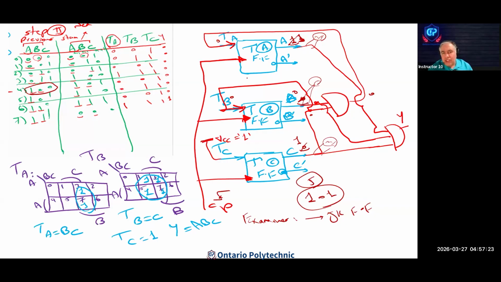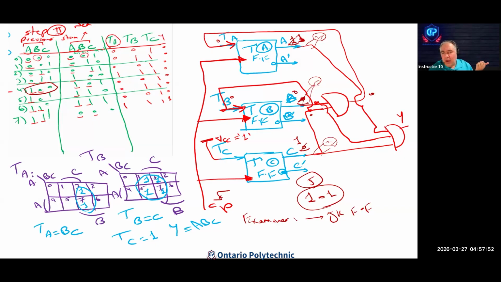TA is feedback from here. We know the previous time before the clock pulse is 0, so the output of the AND gate should be 0, and 0 is feedback here. After the clock pulse, the next state should be no change, same as the previous time.